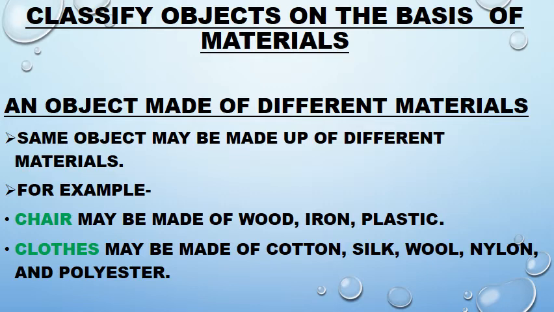Same way, we can take the example of clothes. Clothes may be made of cotton, silk, wool, nylon, and polyester. So, with this, we come to know that the same object can be made of different materials.